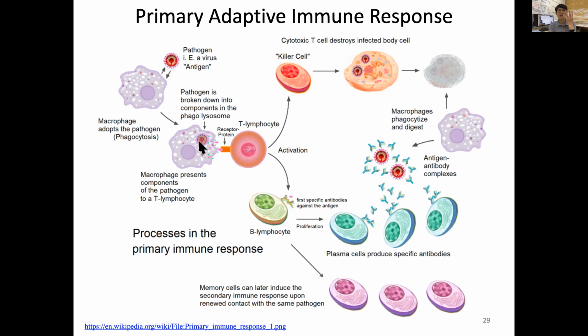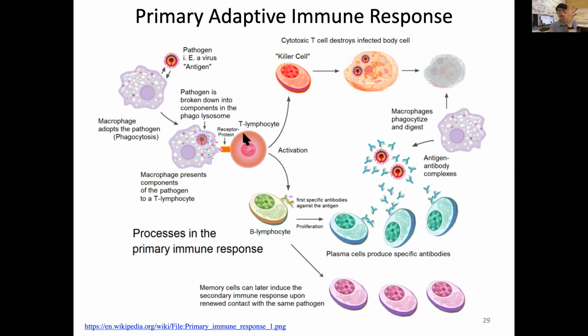Those components, the parts of the virus, are then presented out of the macrophage, as if to say, hey, I ate this, and these are the parts. The macrophage presents components of the pathogen to a nearby T lymphocyte, or T cell, probably in a lymph node.